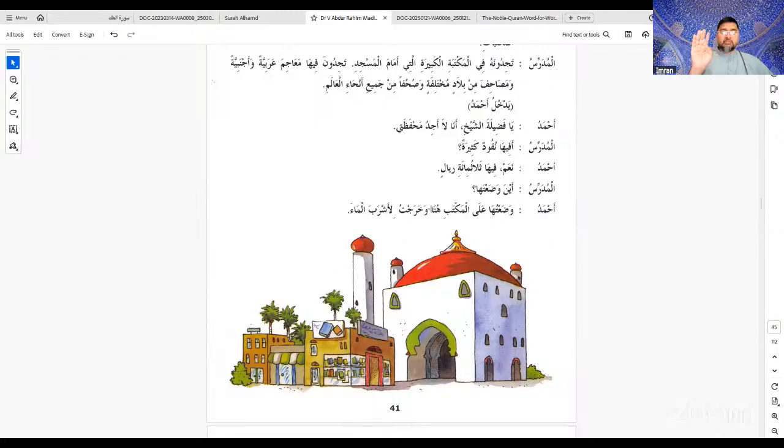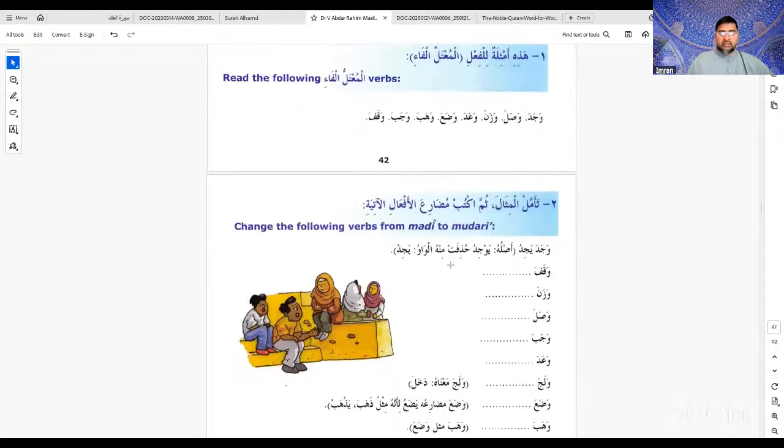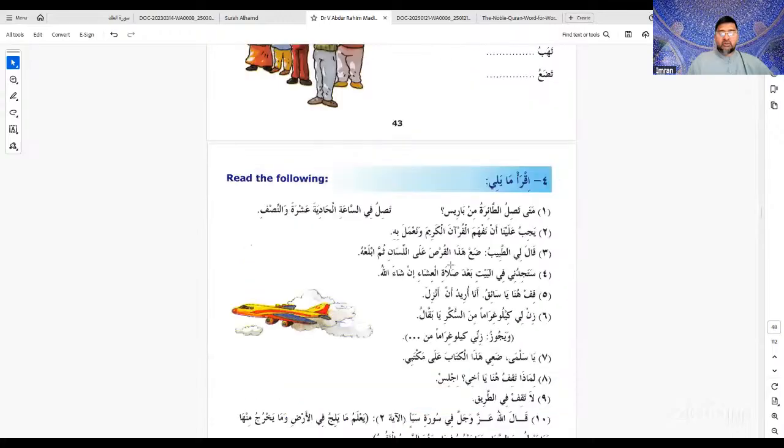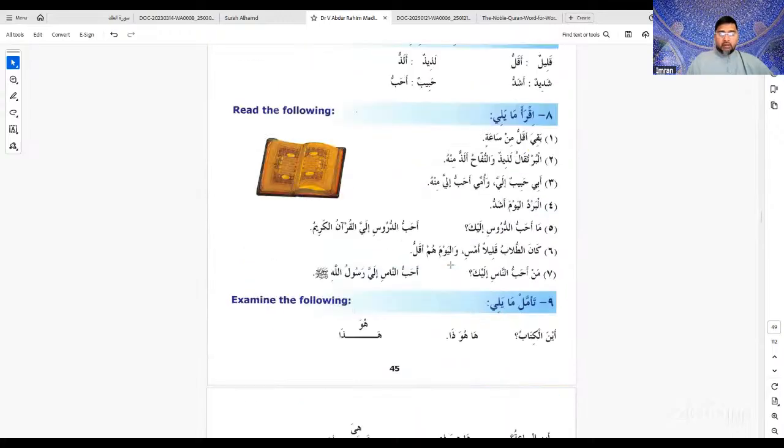Sometimes the weak letter can be situated in the first letter, sometimes in the middle letter, and sometimes in the third position. So it's called the first radical, second radical, and third radical. This is the name which is given. This lesson is going to focus on this and tell you the names of the different positions.